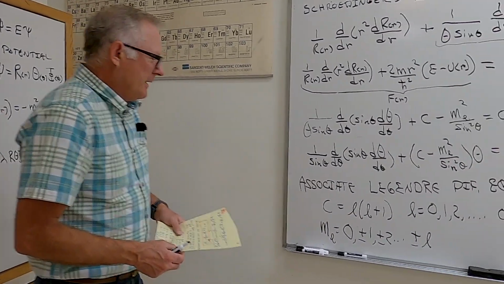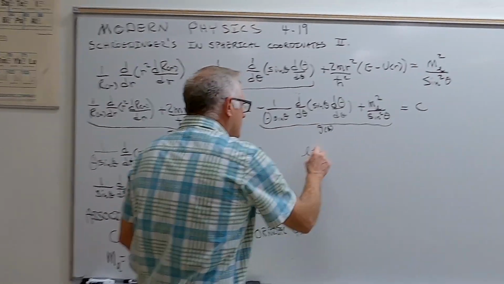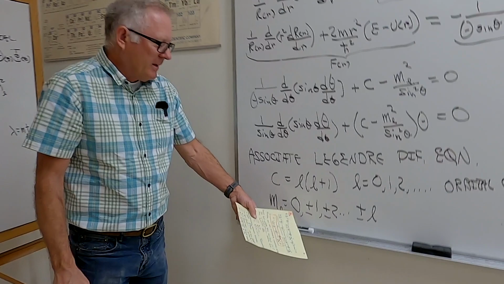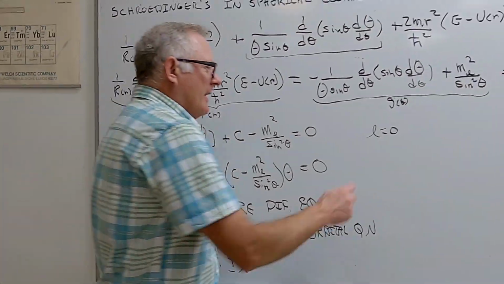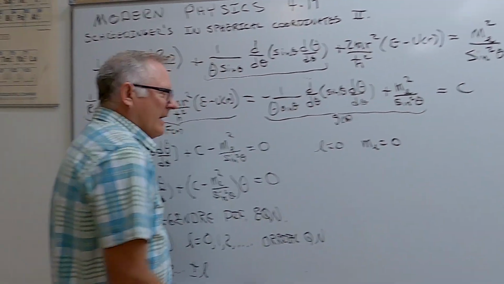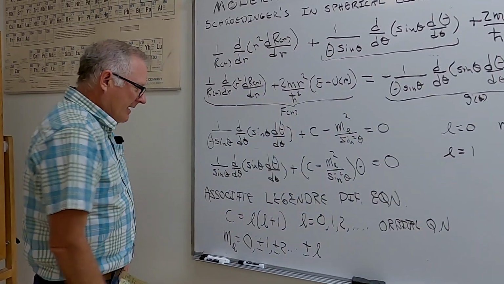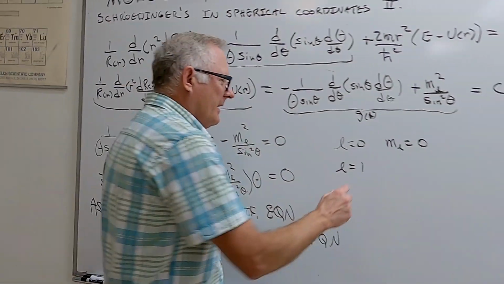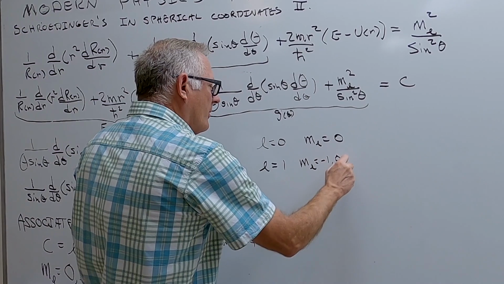So if L is 0, then m sub l can only be 0, because it goes from 0 up to plus or minus 0. If L is equal to 1, then m sub l can be minus 1, 0, or 1.